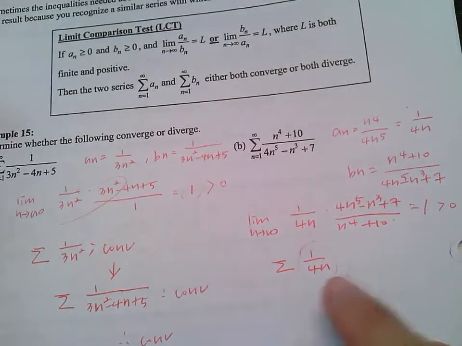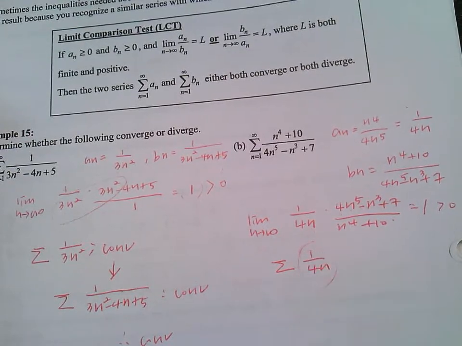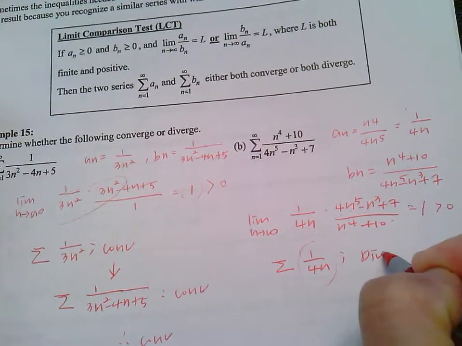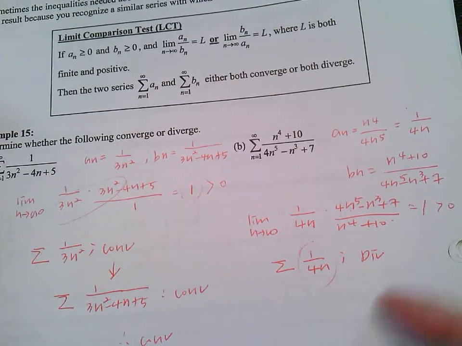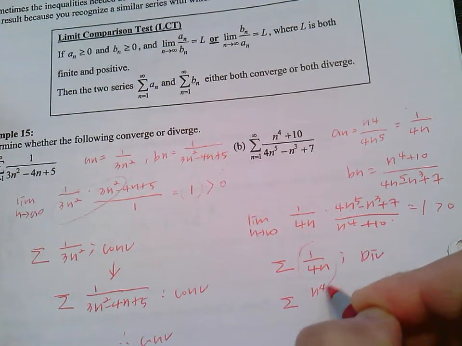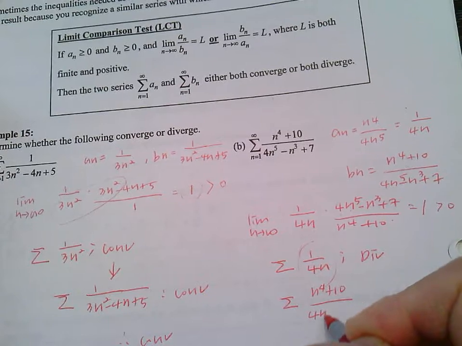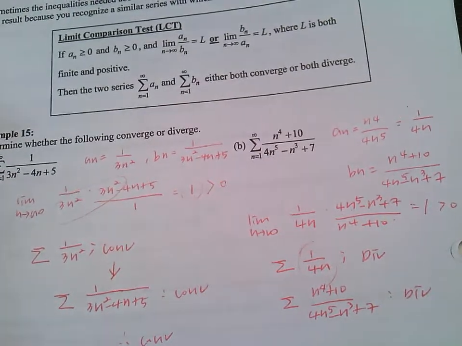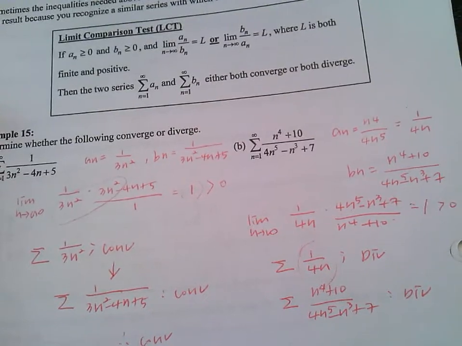If you get rid of the 4, we know this is 1 over n, which is harmonic, right? So we know this diverges. So a sub n diverges, so b sub n, which is the series itself, diverges. So n to the 4th plus 10 over 4n to the 5th minus n to the 3rd plus 7 also diverges. So the answer: diverge.